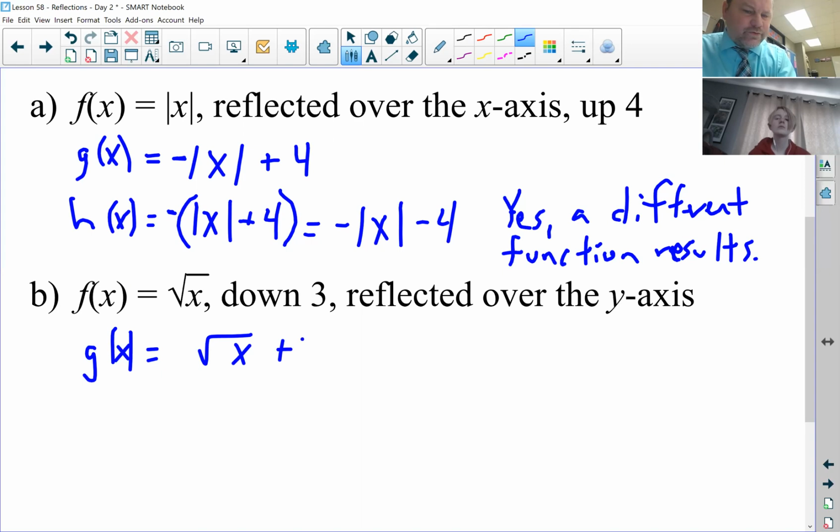We go down 3 units, and then to reflect over the y-axis, we take the opposite of x, like so.